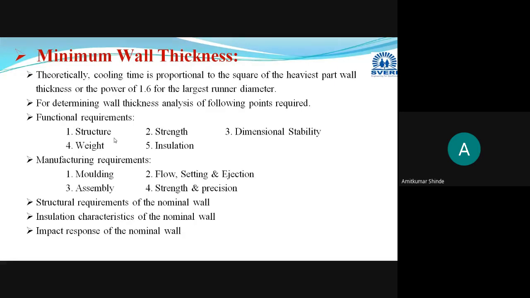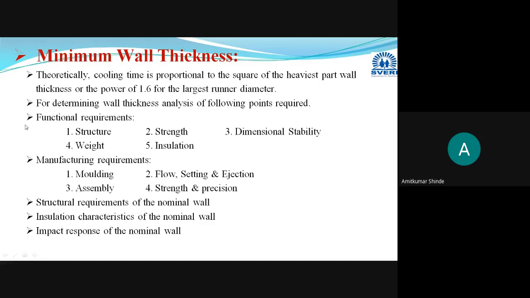Then the manufacturing requirement. In this, we will discuss points related to which process we are using to manufacture that particular plastic part. Then the structural requirement, and some properties of the material which affect the insulation characteristics and impact response.